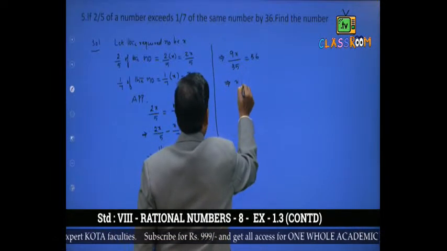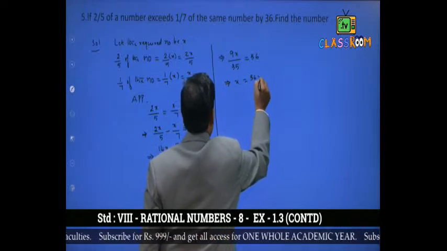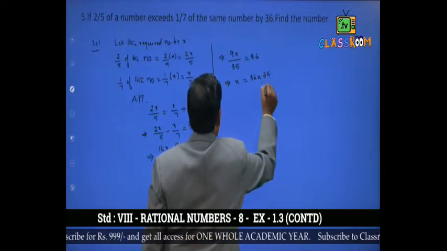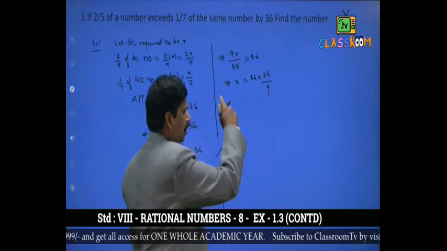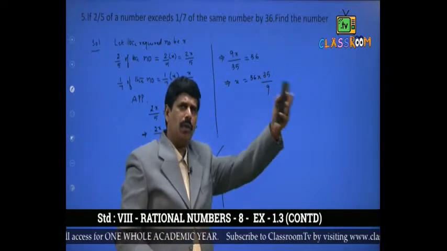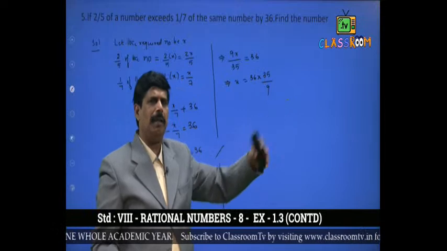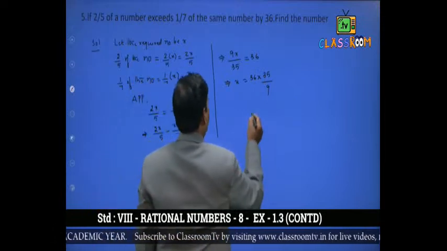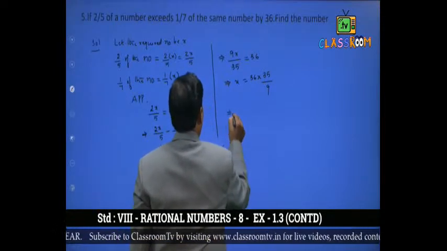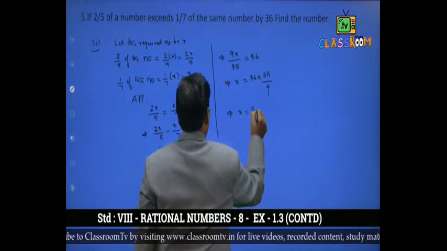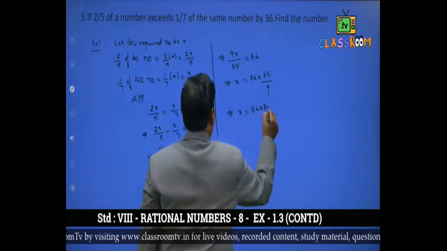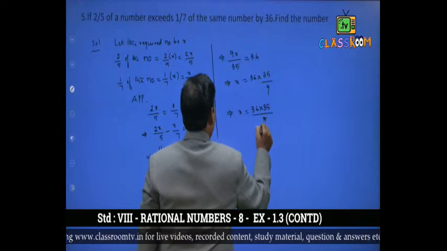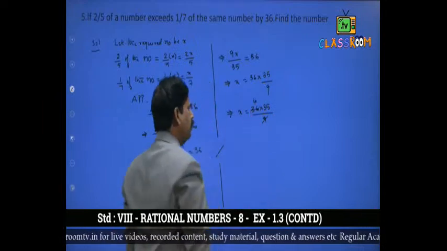So from here x is equal to 36 into 35 by 9. This is a by b. If it's transposed to other side, it will be b by a. Now go for cancellation. So x is equal to 36 into 35 by 9. 9 1s are 9, 9 4s are 36.